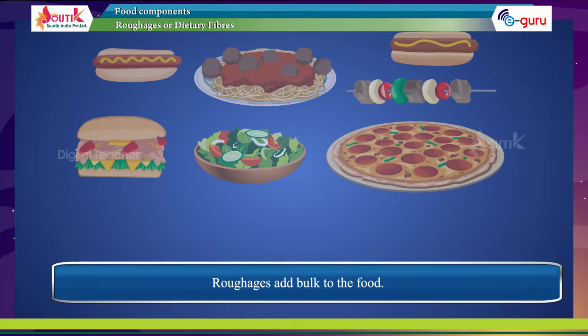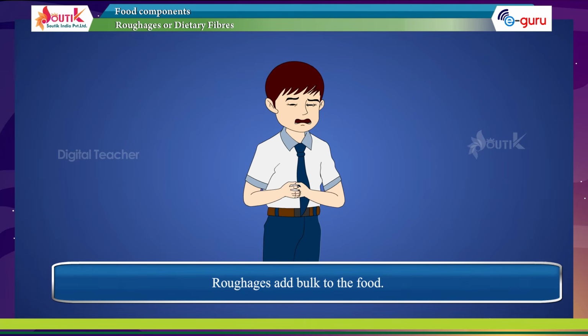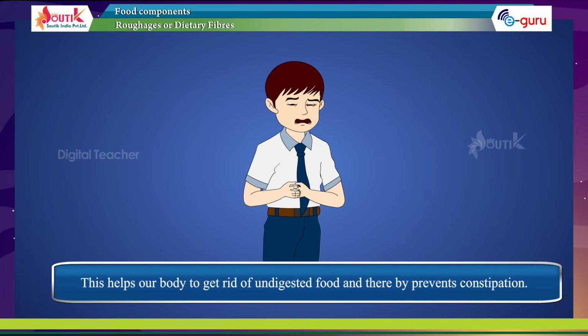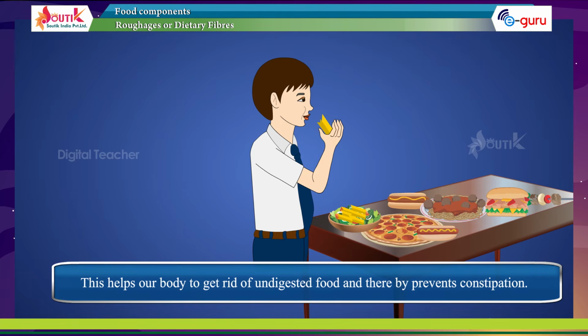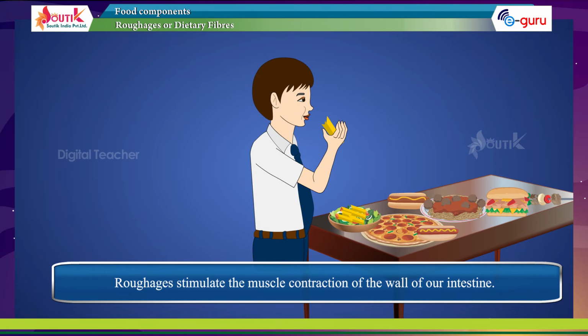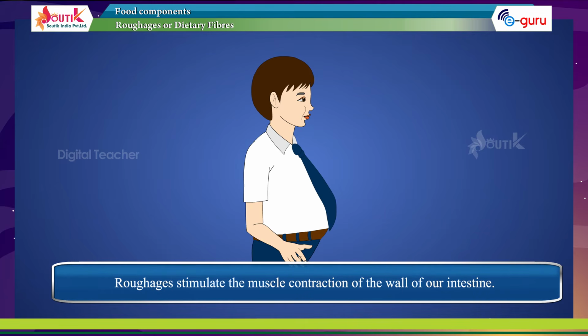Roughages add bulk to the food. This helps our body to get rid of undigested food and thereby prevents constipation. Roughages stimulate the muscle contraction of the wall of our intestine. This helps in proper bowel movements.